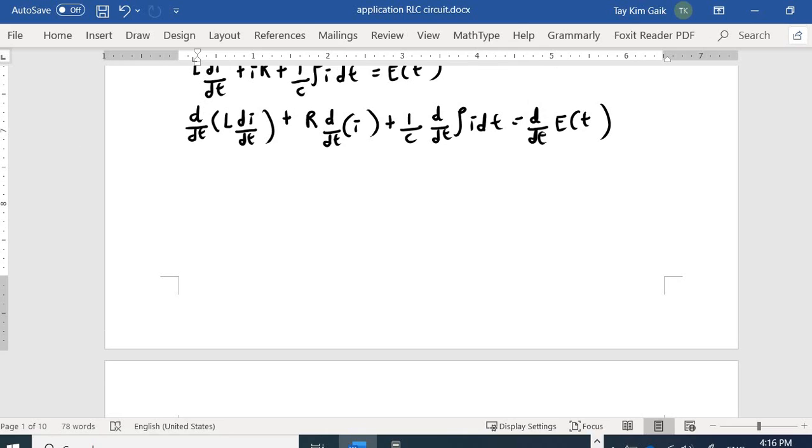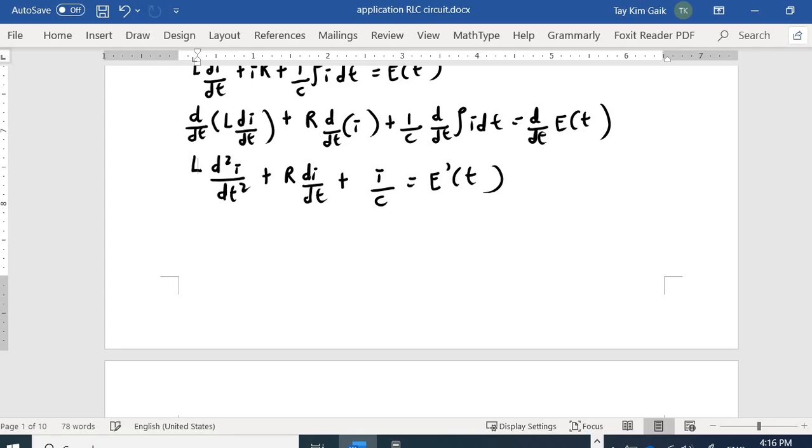So L is a constant, you may factor out, so you have L d/dt dI/dt, so L d2I/dt2. So d/dt of I, we have R dI/dt. Okay, d/dt of integral I dt, you get I, so I over C equal to E'(t).